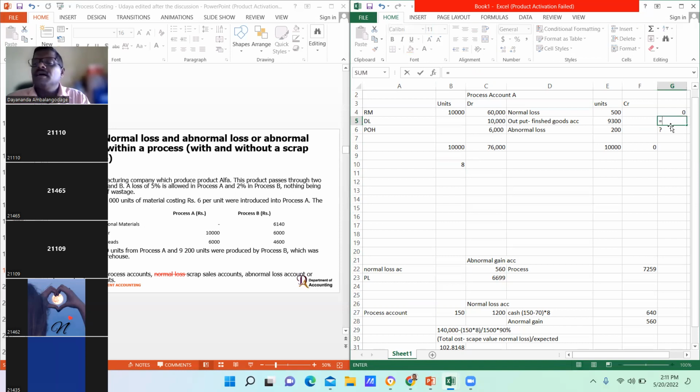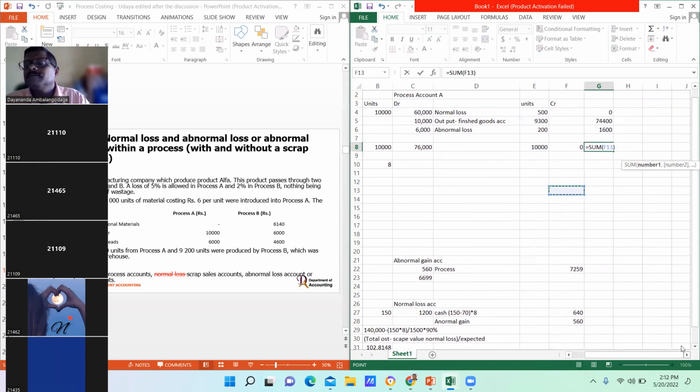What is the column? Here, 9,300 finished goods multiplied by 8 rupees. And here, of course, 200 units multiplied by 8 rupees, right? So with this, your total column should tally, 76,000.